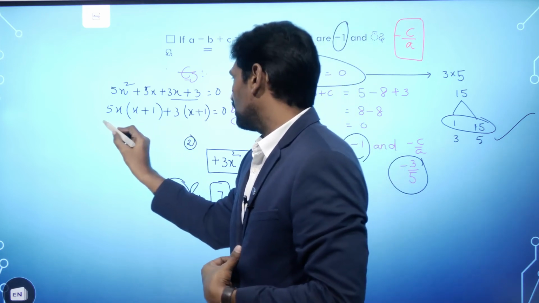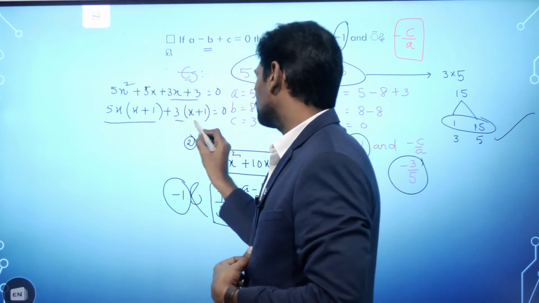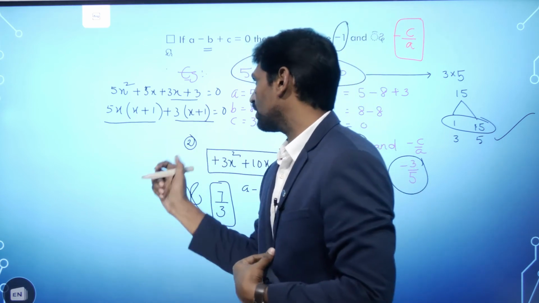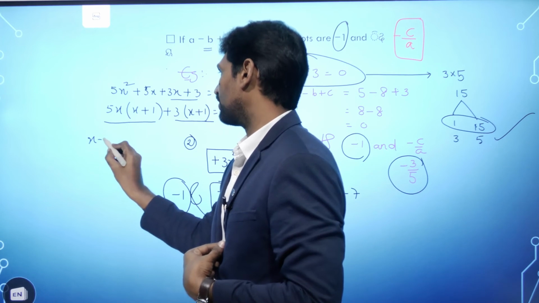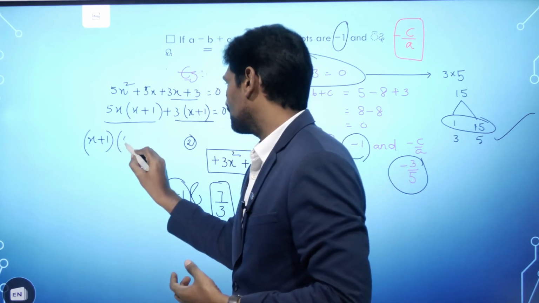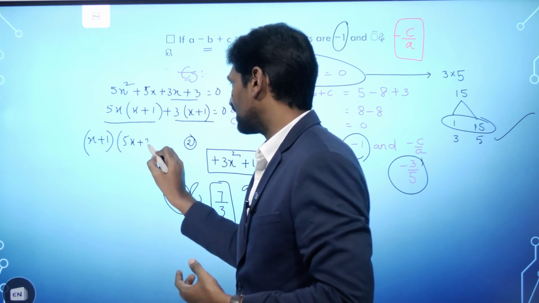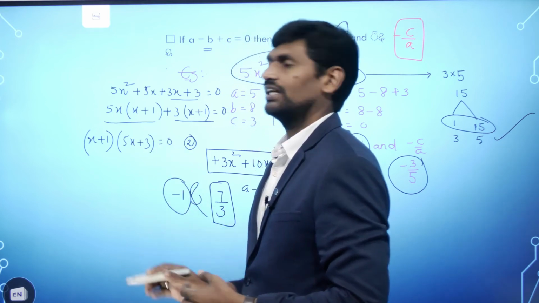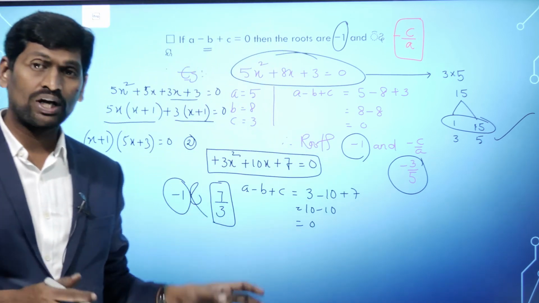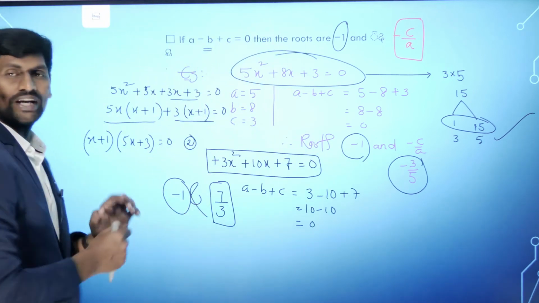Now, up to here one term, 3 into x plus 1 is another term, 2 terms. Again in these 2 terms, x plus 1 I can see as a common factor. X plus 1 common factor, then 5x plus 3 equal to 0. Yes, I have expressed the given quadratic equation as a product of two factors.